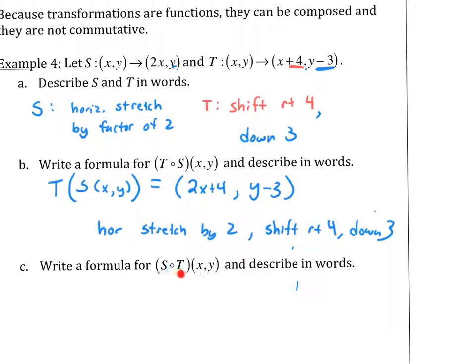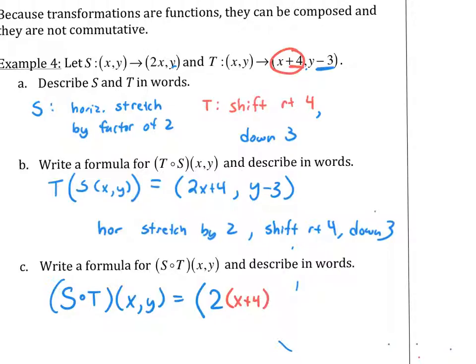So note that how that's going to be slightly different than the next one. Now I'm saying S with T. So now I'm going to embed the x plus 4 into this expression, and I'm going to embed the y minus 3 into this. So to say this, S with T of x, y is equal to, now I'm going to embed the x plus 4 into there, and the y minus 3 goes in as well.